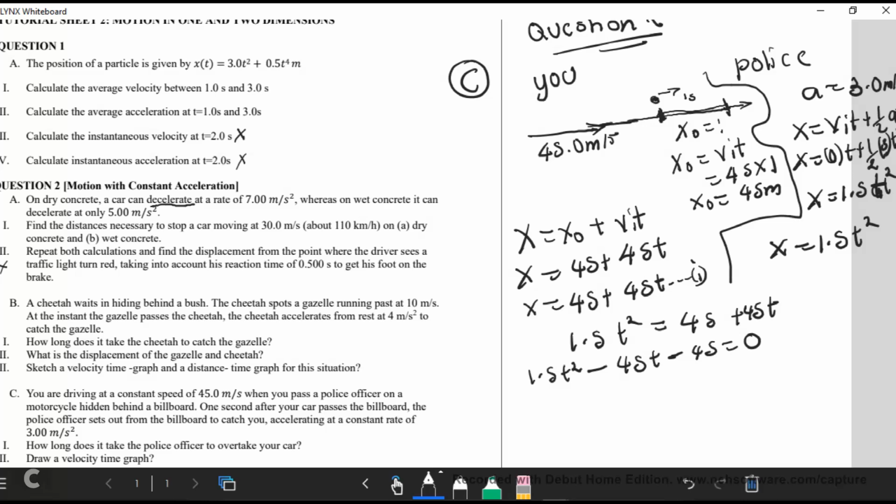So this is your quadratic equation. I'll ask you to go and solve this quadratic equation. You can solve it by using this formula. So that's how you can solve this quadratic equation.